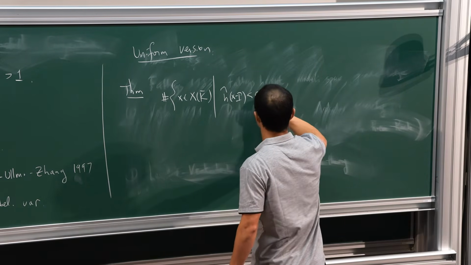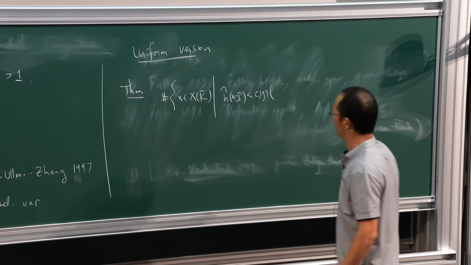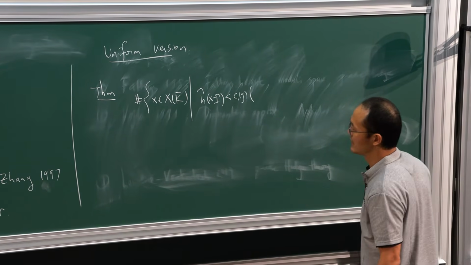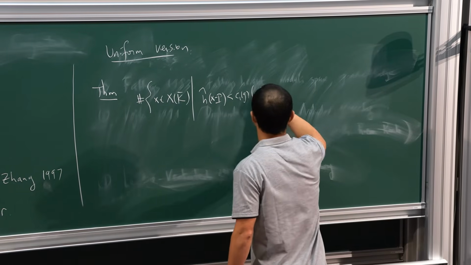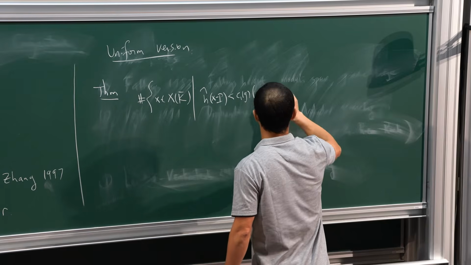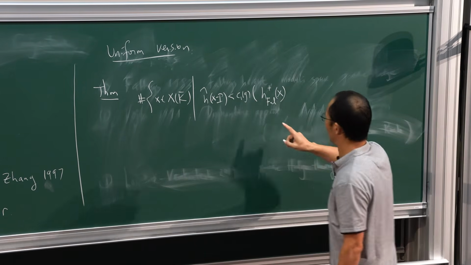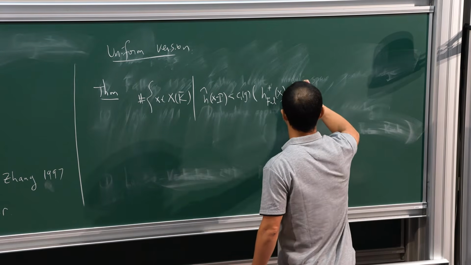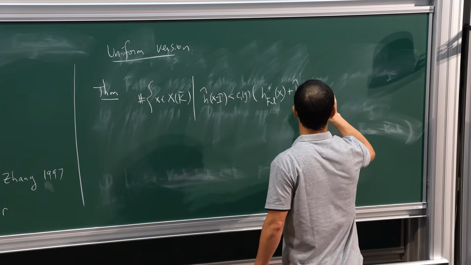So then this uniform version: we have a constant C1g, and I will put it's related to the Faltings height, and then plus height of P minus.